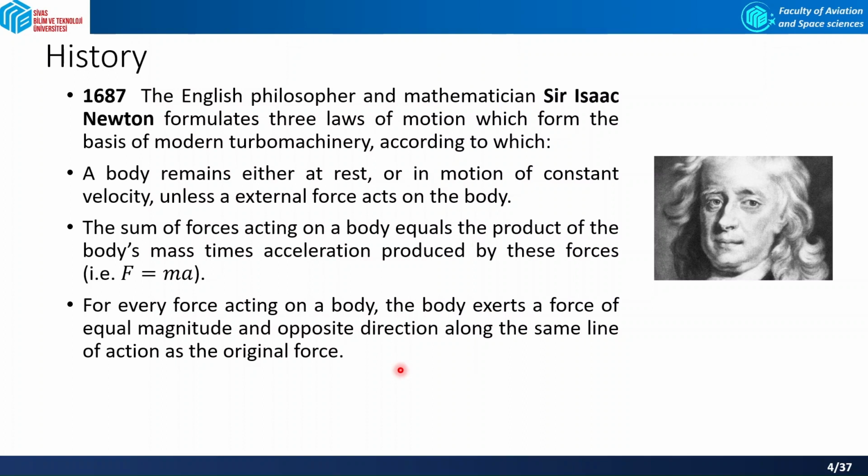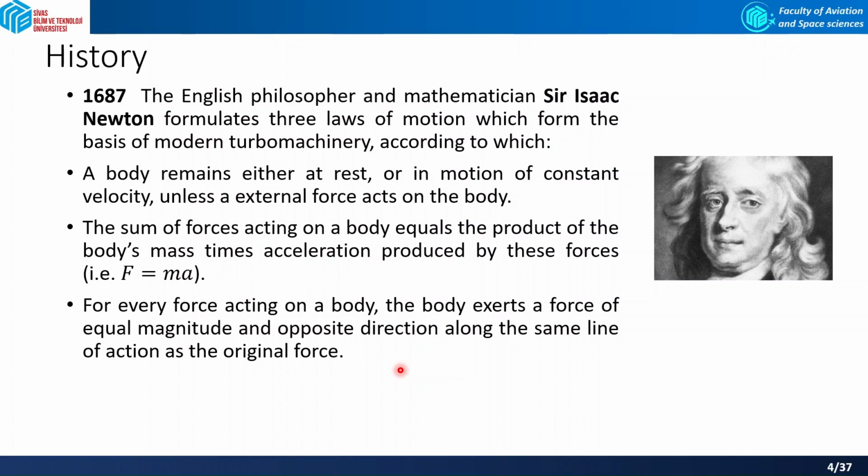Back in 1687, the English philosopher and mathematician Sir Isaac Newton formulated three laws of motion, and this formed the basis of modern turbomachinery. The first says a body remains either at rest or in motion of constant velocity unless there is an external force acting on the body.